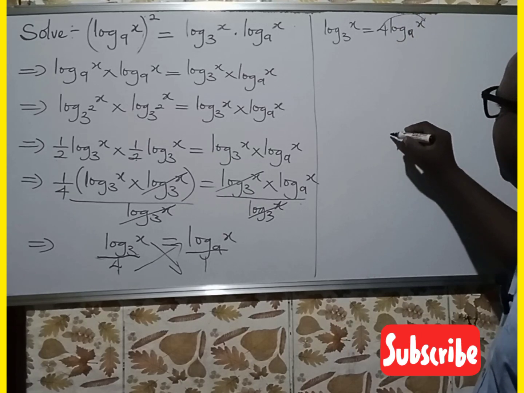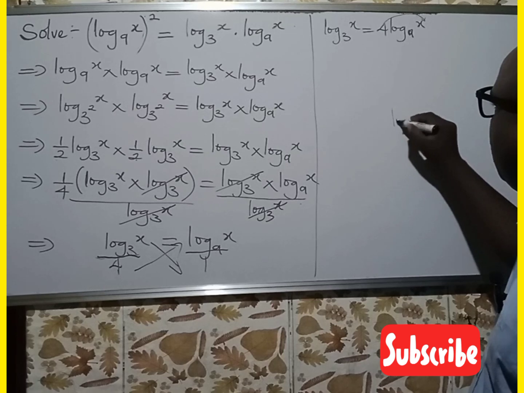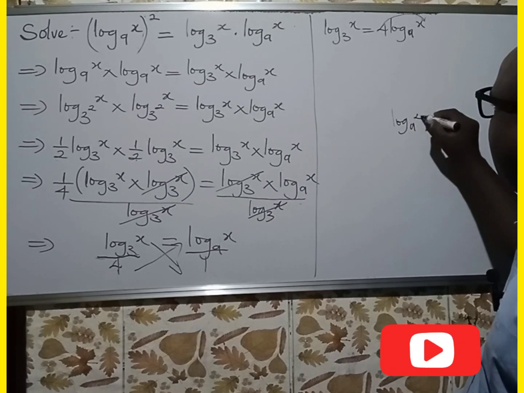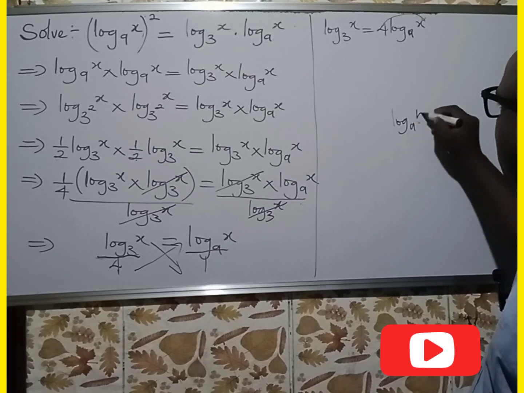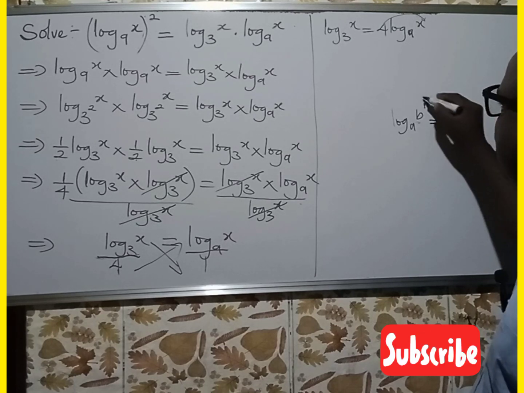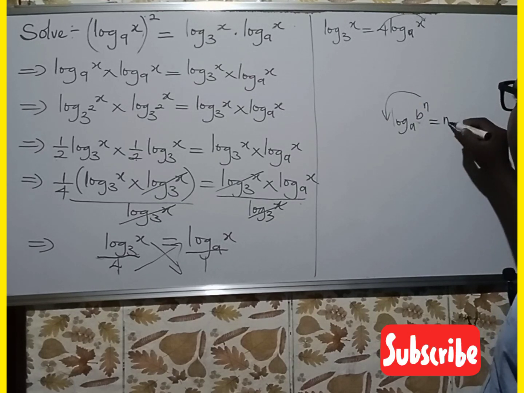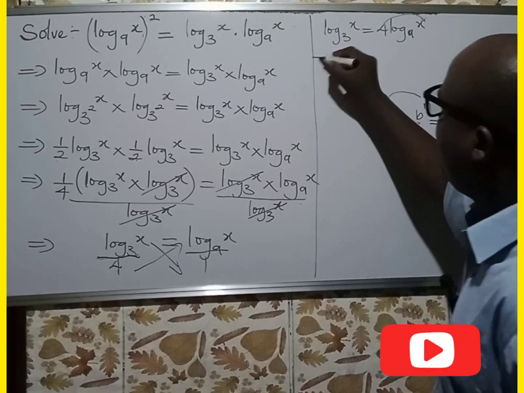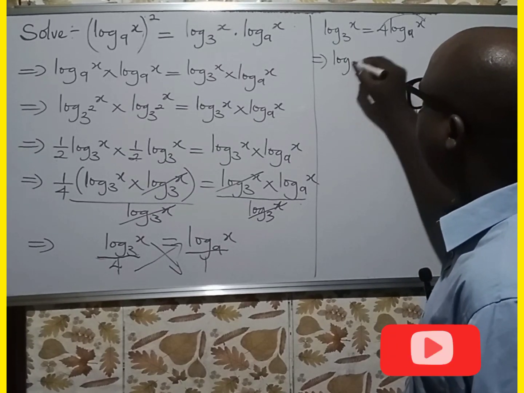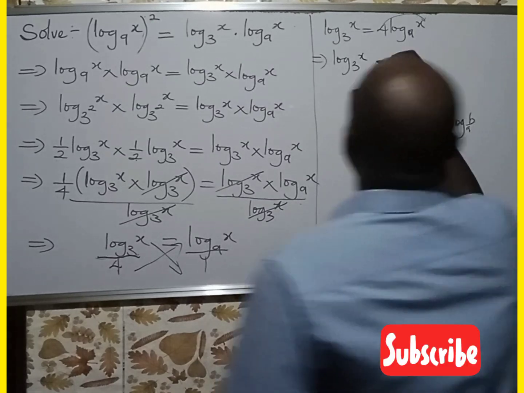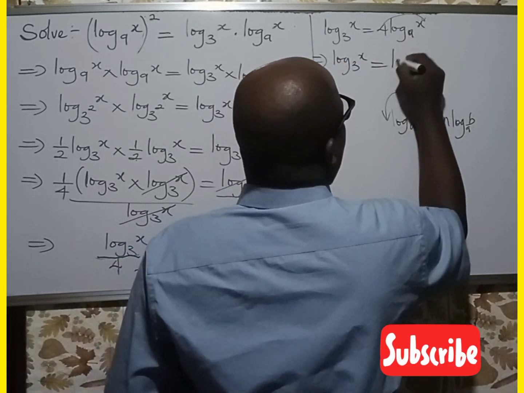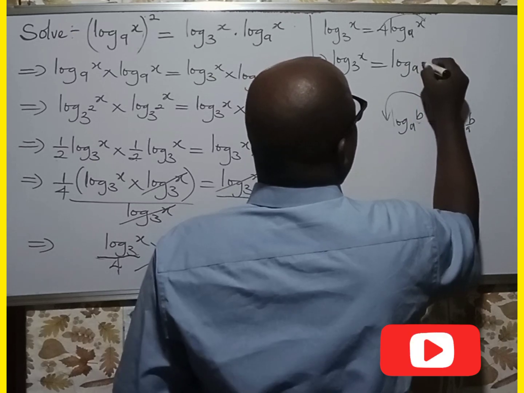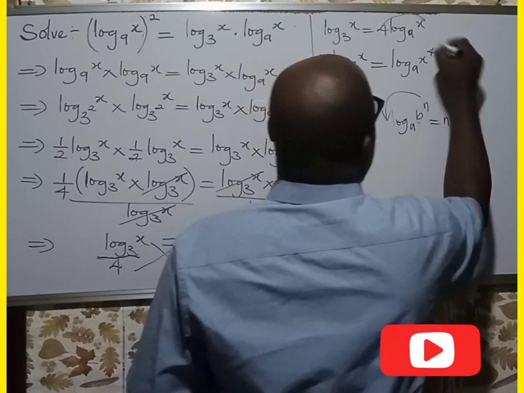As if you have something like log_a b^n, it is always equal to n log_a b, this one serving as the coefficient. So here we have log_3 x is now equal to log_a x^4.